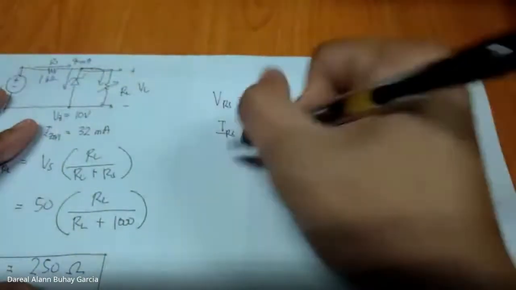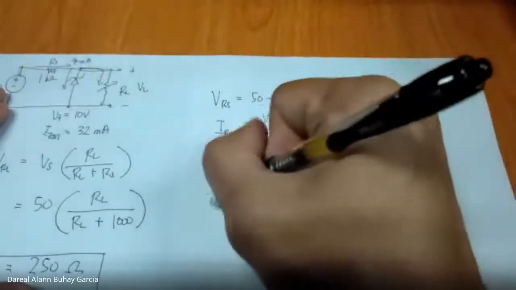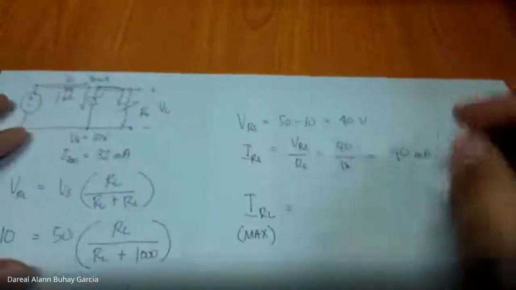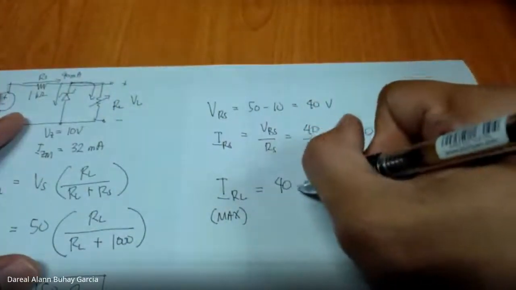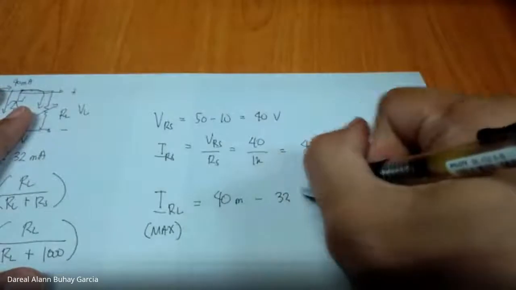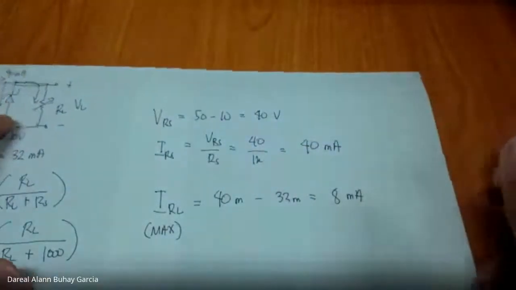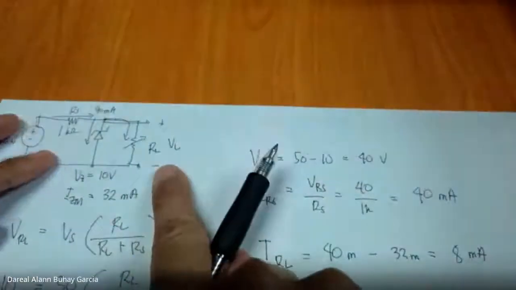So IRL, in this case its maximum value would be equal to, this is always fixed, 40 milliamperes minus 32. So 8 milliamperes is the maximum current flowing through the load.